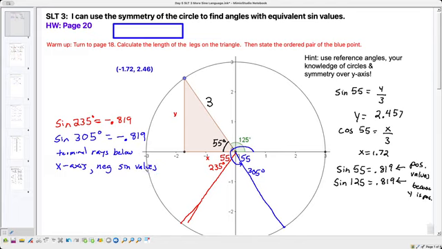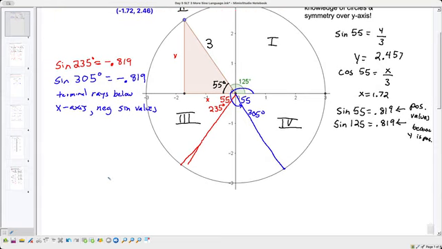Okay. So let's take a look at our quadrants. We have quadrant 1, quadrant 2, quadrant 3, and quadrant 4. So what I want everyone to note at the bottom of the page: in quadrants 1 and 2, the y value is positive.